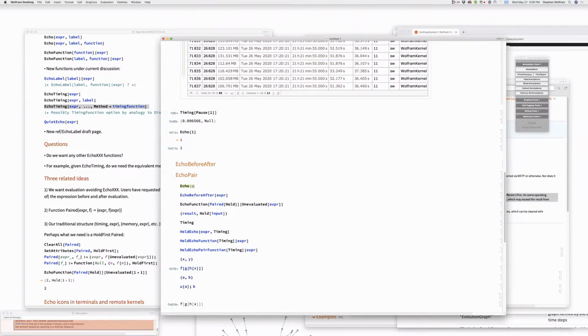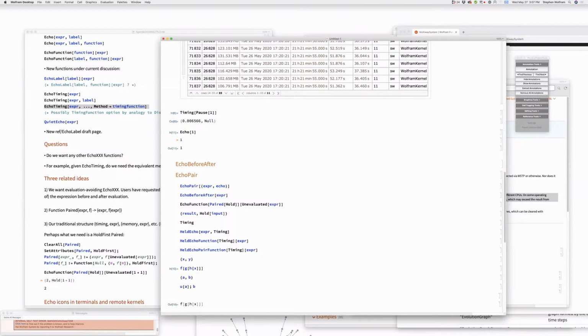That's what it thinks it's going to be fed. Echo pair, sorry, thinks it's going to be fed that. And it is essentially like echo function with a number two. Is that right? I'm not sure I follow.